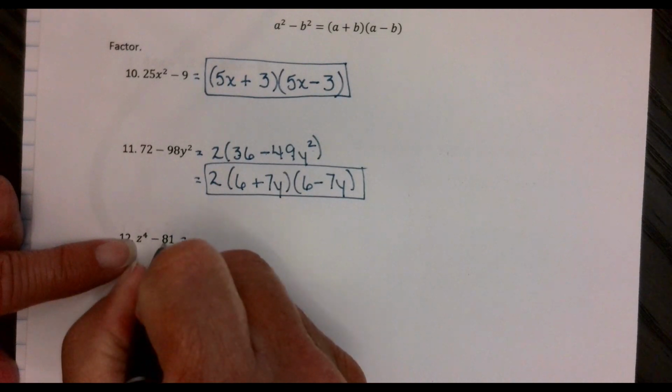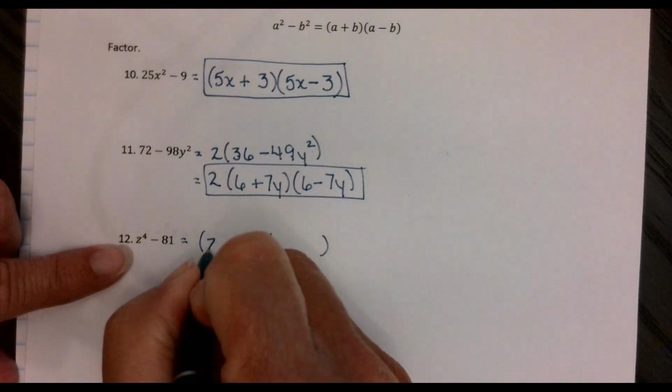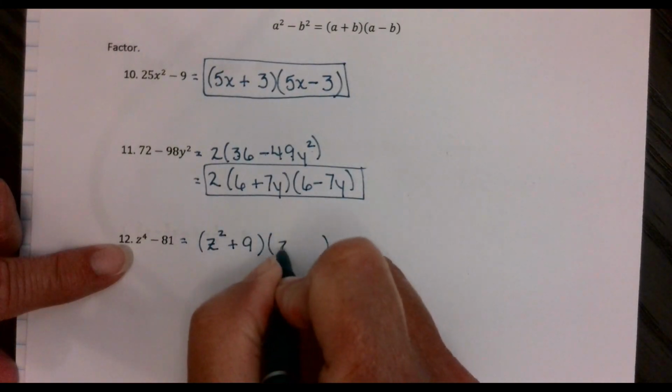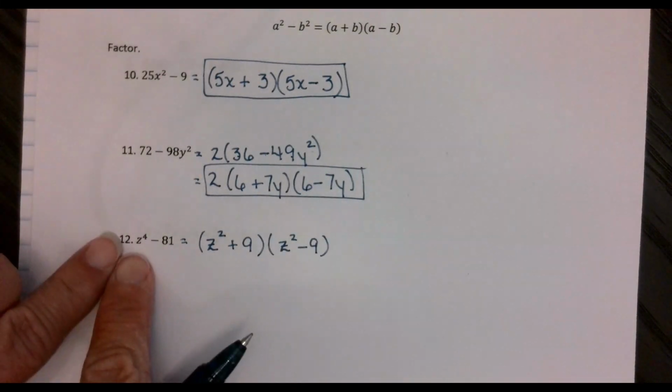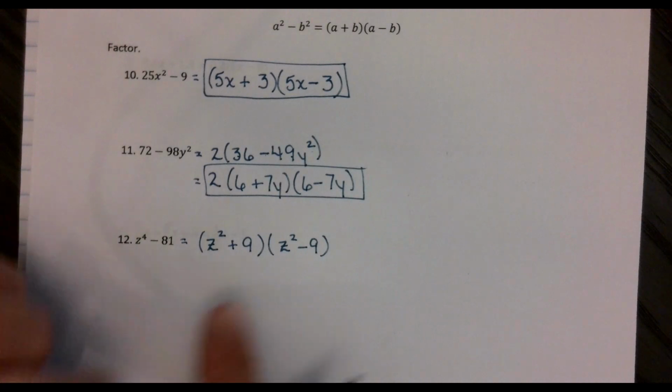Perfect square, z squared plus 9, z squared minus 9, because z squared gives a z to the 4th. Now, this would be fine, but if you're doing this in ALEKS, it's going to be wrong, and here's why. This one's okay.